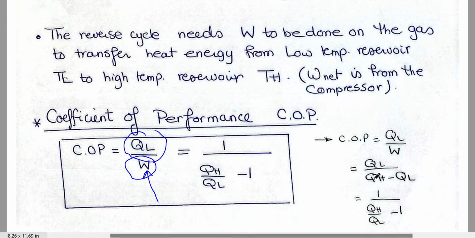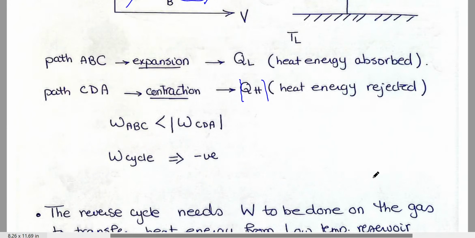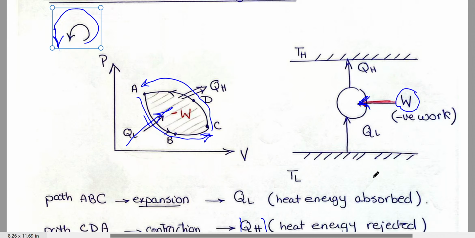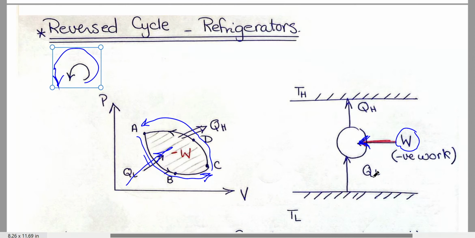This is the refrigerator. Sometimes the reverse cycle is not used as a refrigerator. It is used as a heat pump. What is a heat pump? A heat pump is using this amount of expelled heat for warming up. So it is called a heat pump.